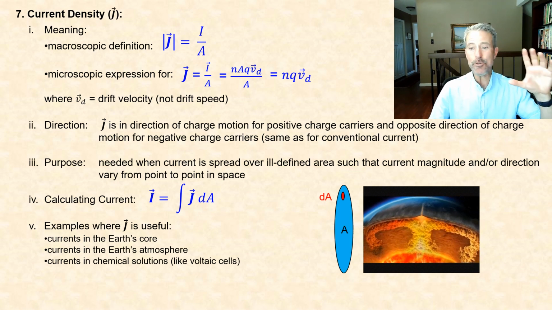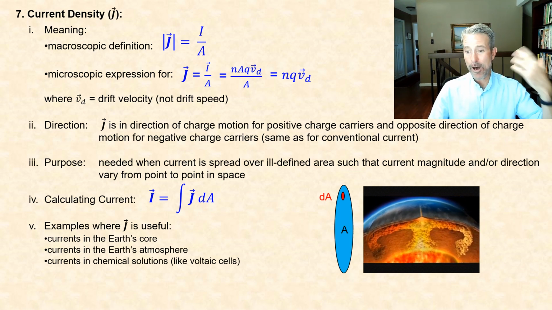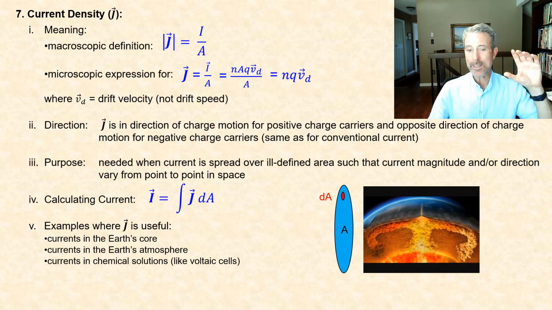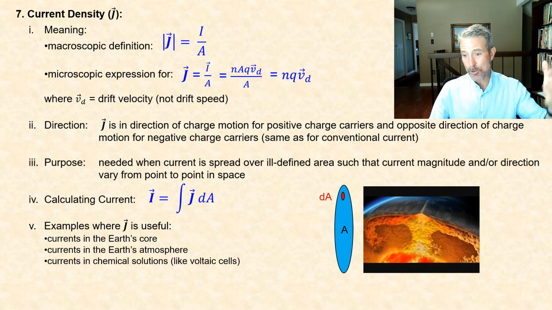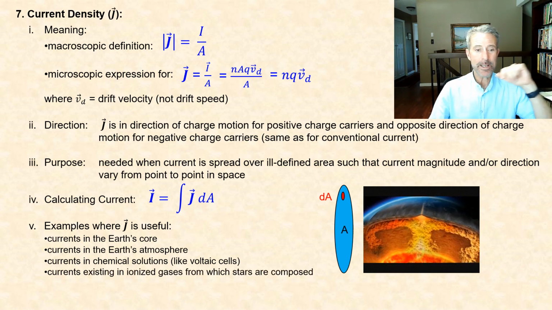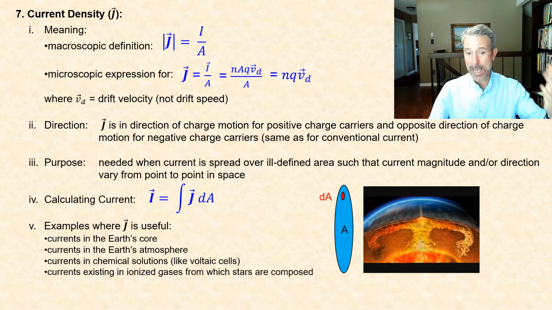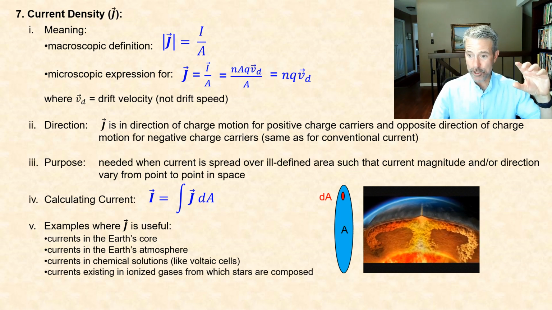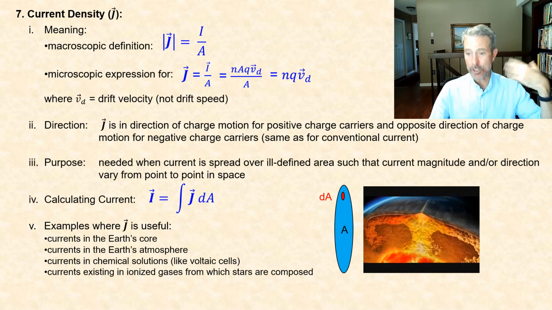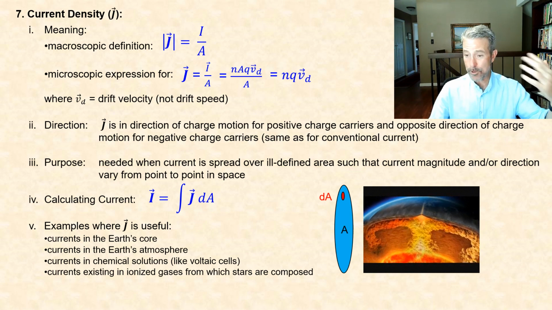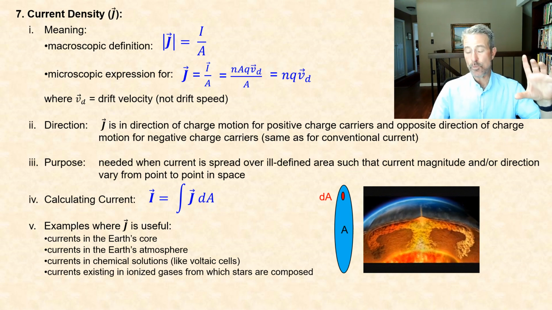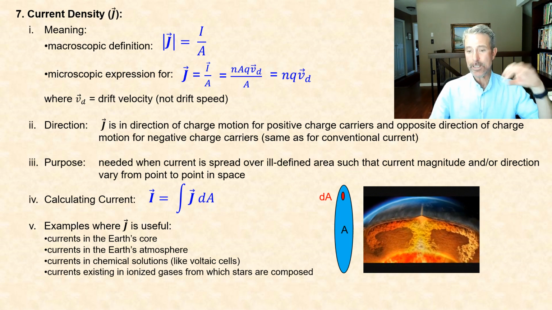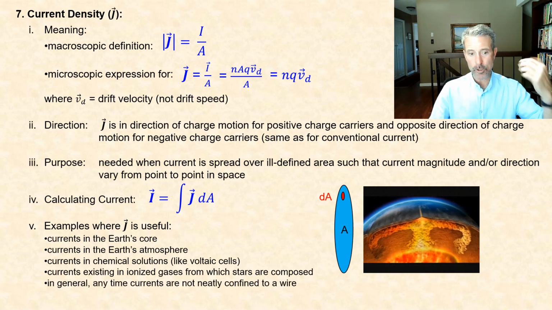This is becoming a huge topic in our quest for much more efficient voltaic cells to be used in transportation. Currents existing in ionized gases, from which stars are composed. If you look at models for stellar formation, when you actually look at the motion of these gases in your protostars, then you would be talking about using current density, since the current changes with location.